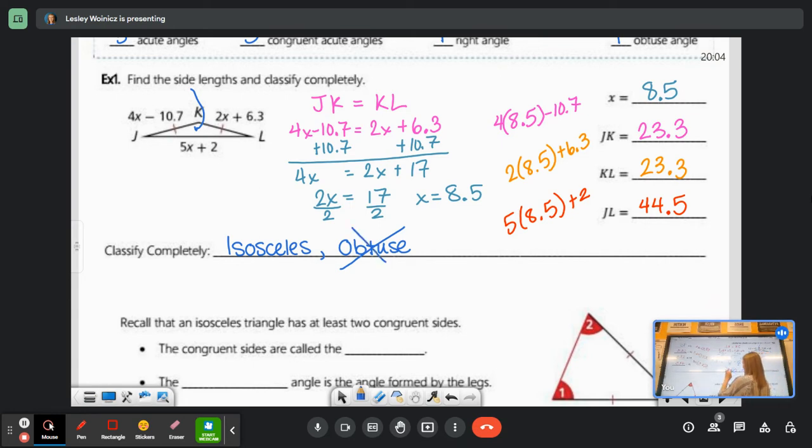So I was wrong to have put that, and we don't know this for sure. With those side lengths, it is possible to figure it out, but that involves some stuff that you don't know how to do yet. So right now, you do not know. You can't tell me it's obtuse. It is, though, but we don't know why yet. It involves trig.